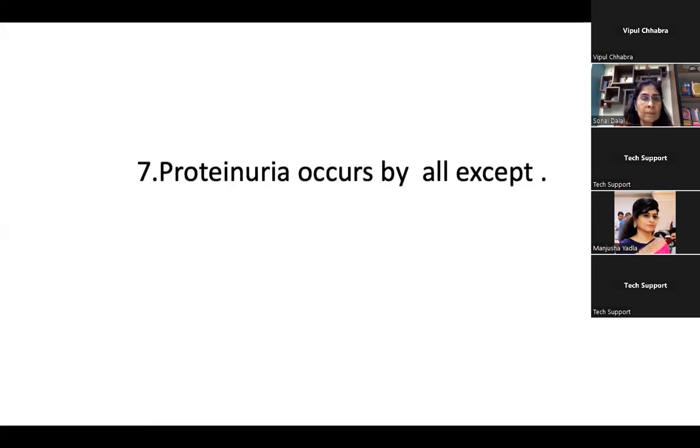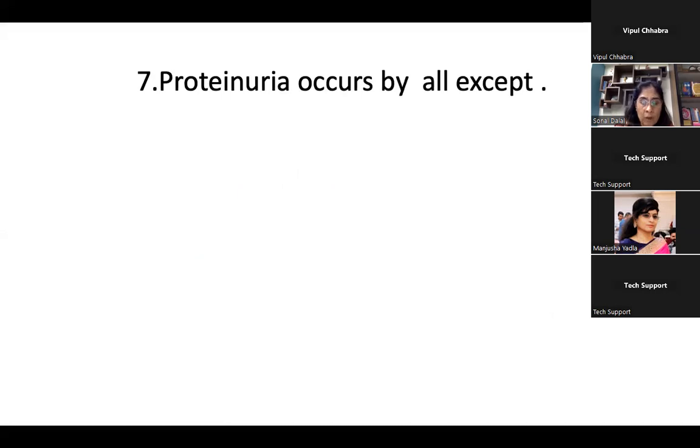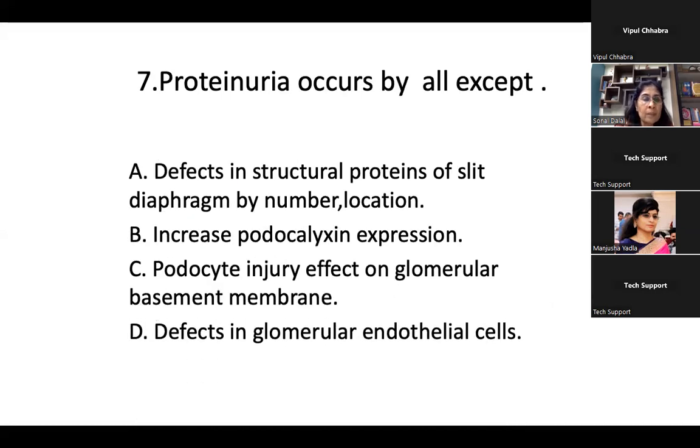Question number 7. Proteinuria occurs by all of the following except A, defect in structural protein of slit diaphragm by number and location. Option B, increased podocalcin expression. Option C, podocyte injury affecting the glomerular basement membrane. Option D, defect in glomerular endothelial cells.